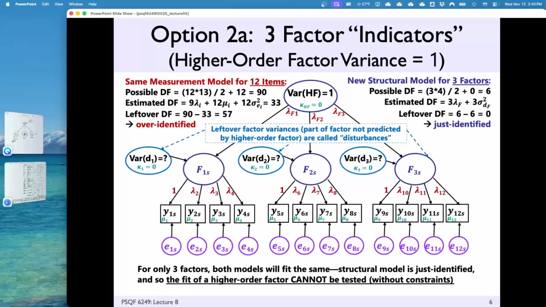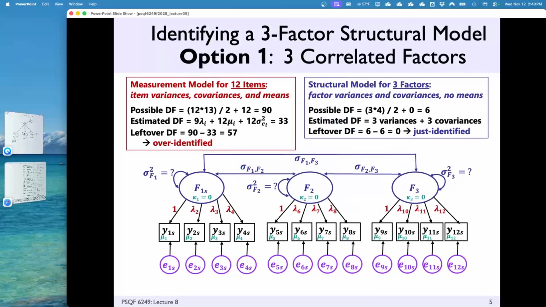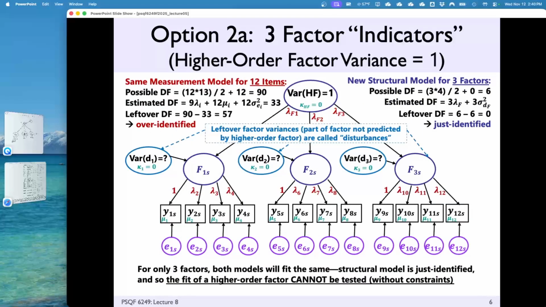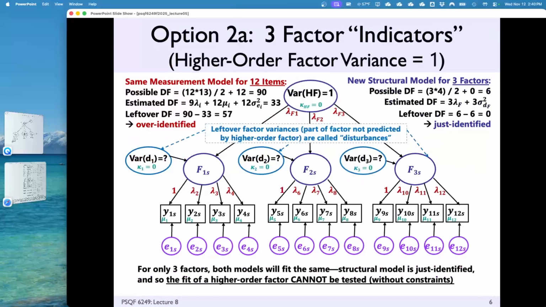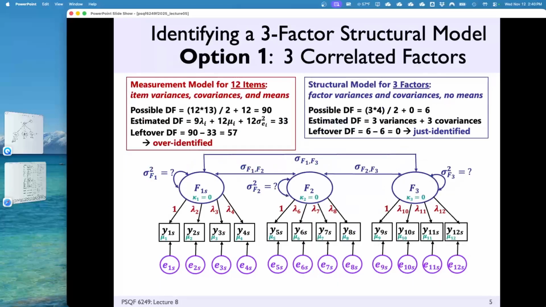But we have 3 loadings and 3 residual variances, so it's also just identified. So if you wanted to test whether there was one higher order factor or that we should have 3 separate factors, you can't do that unless you have a 4th factor. These 2 models are identical in terms of model fit. They're not identical in terms of what you get out of them, but they're identical for model fit.